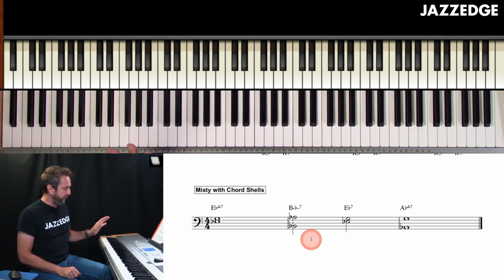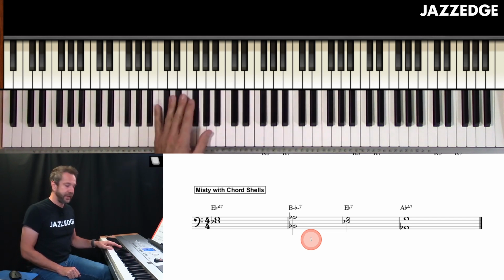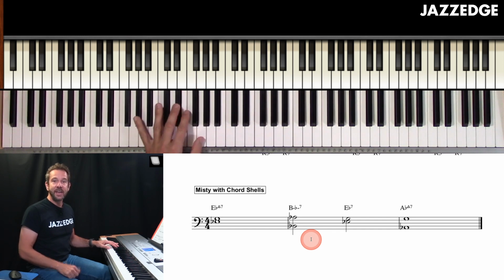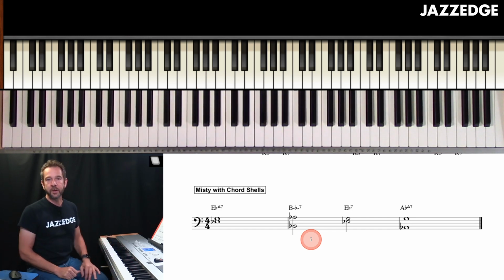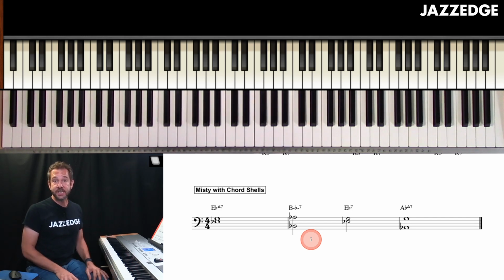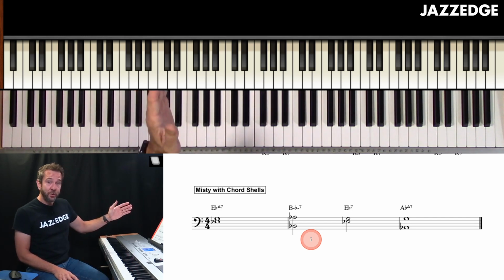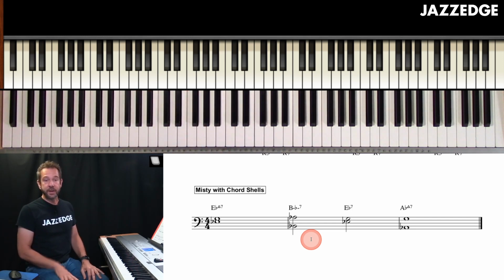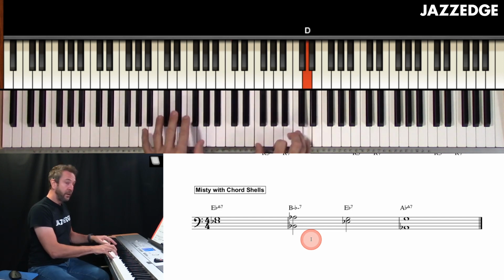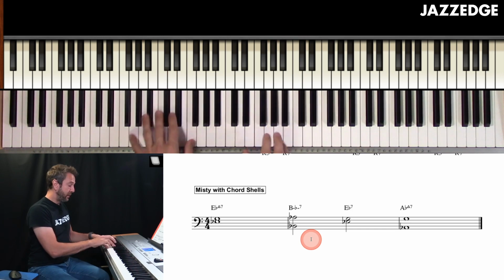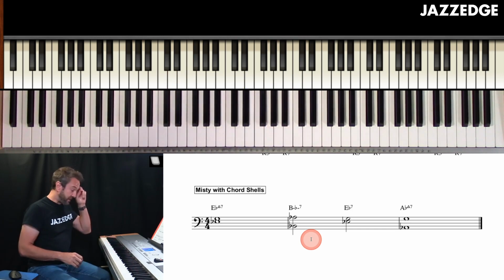So one of the first reasons why the chord shells are so versatile is that you could pick up any lead sheet and it makes it super easy for you to play just about any jazz standard. As long as you know your chord shells, you can make a basic arrangement. So there's Days of Wine and Roses.